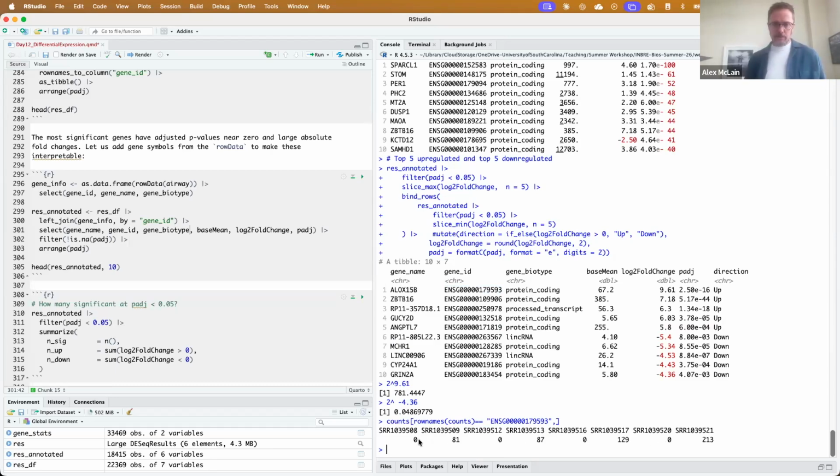Very interestingly, all the untreated are 0. So we don't have any non-zero counts for the untreated. So the mean there is going to be very, very small, obviously.